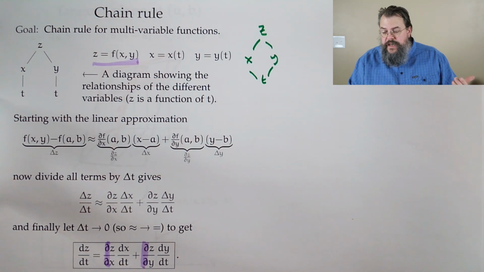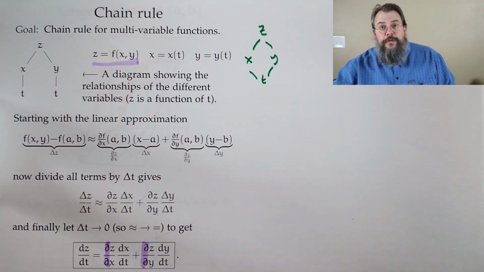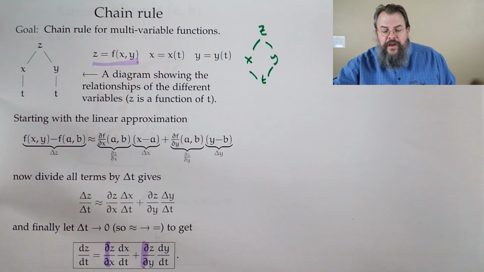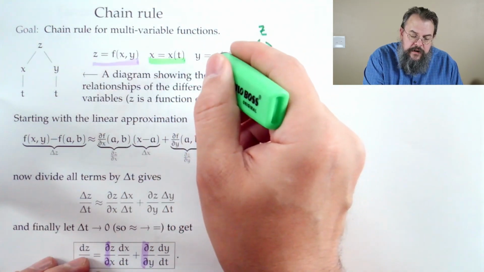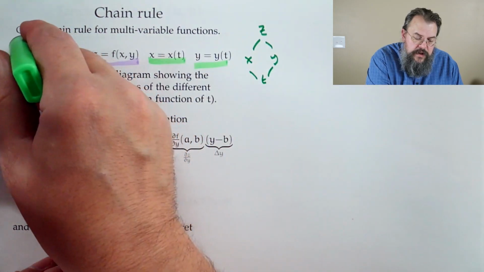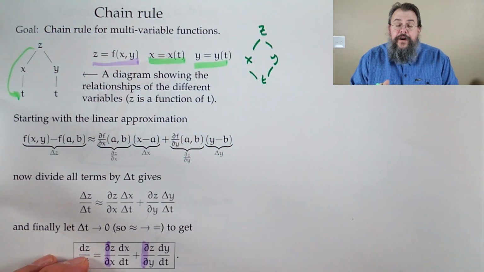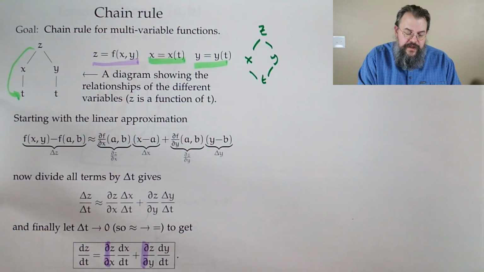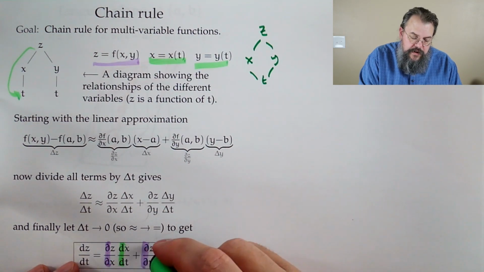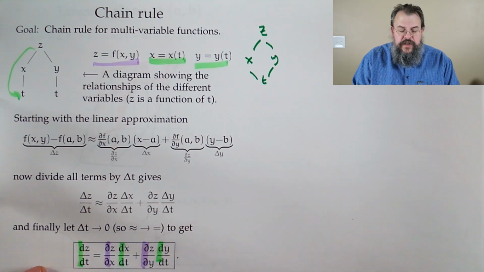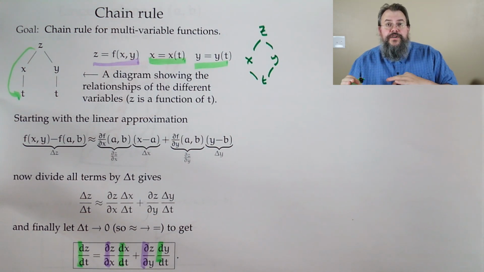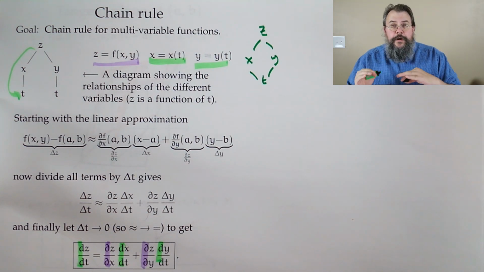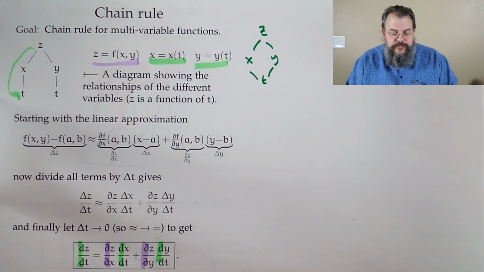The partial is whenever you have something which depends on more than one input. On the other hand, x and y are functions of one variable. So when it's single variable, we use the d notation. That's the only difference. D versus partial comes down to single variable versus multivariable.